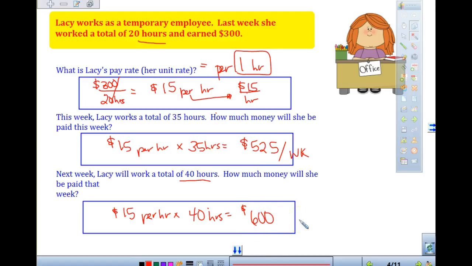Now they haven't taken out taxes or anything else. That was simply how much she made. So $600 in 40 hours. You could also have written it as $600 per, in this case, the 1 week that she worked. So here, $525 per week, or $525 for 35 hours.